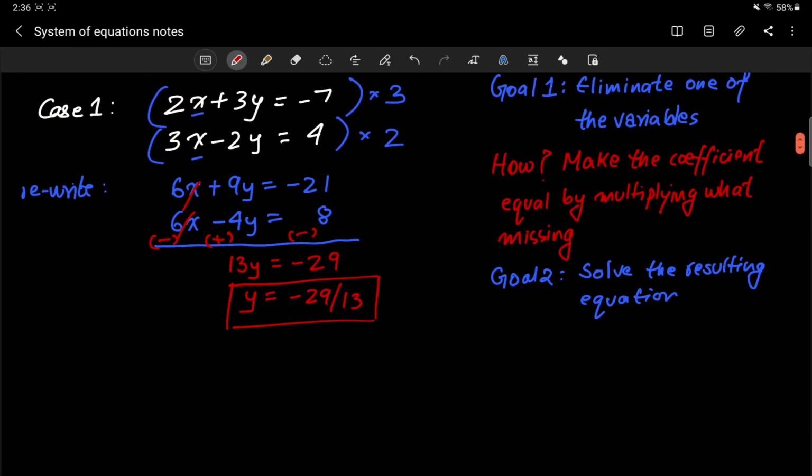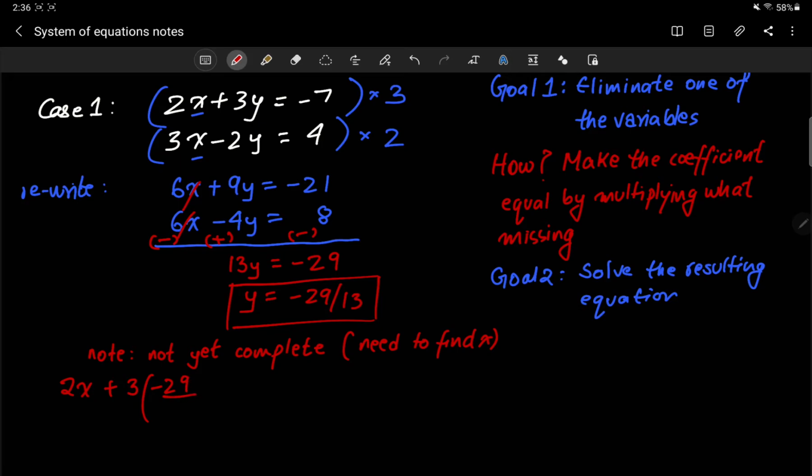Okay. So this is, remember, note, not yet complete. Why? Because all you did was you found a y value. You haven't found the x value. So we need to find x. So let's see. To find x, I'm going to go 2x plus 3 times negative 29 over 13 equals negative 7.